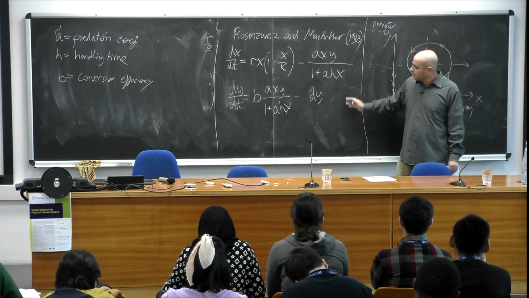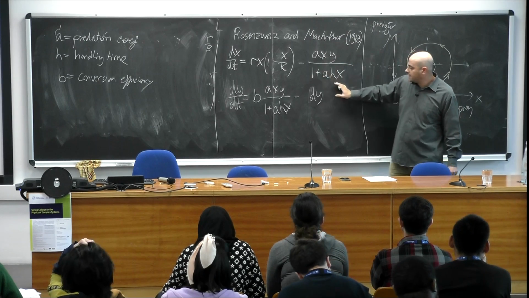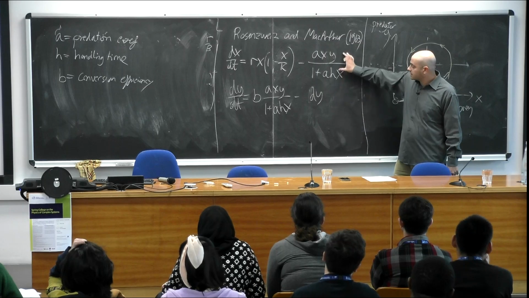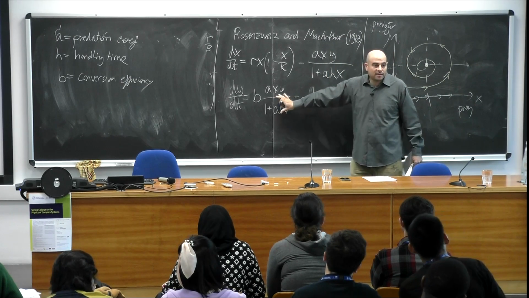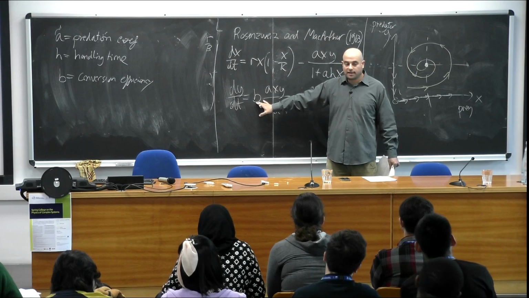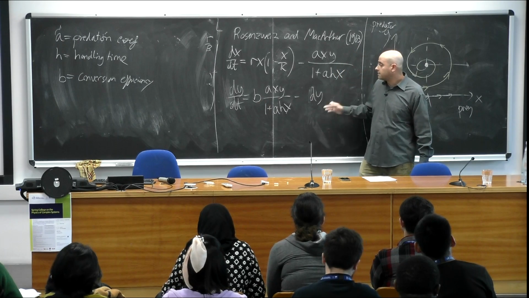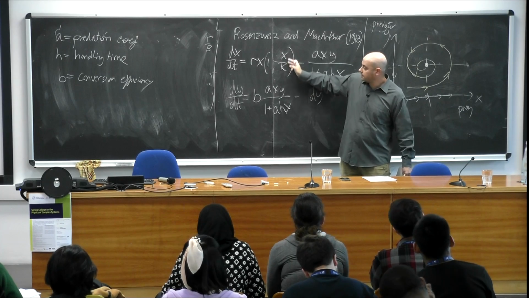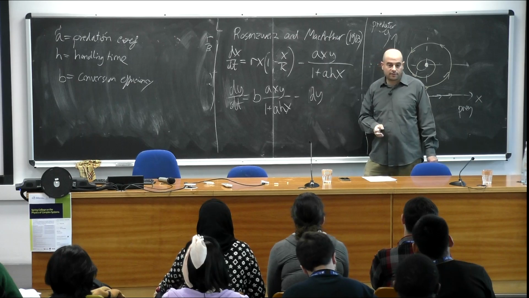But hopefully you see the logic behind the saturating function, the logic behind the conservation of mass, and also the conversion coefficient. And we just discussed also this term, which is the carrying capacity for the prey.